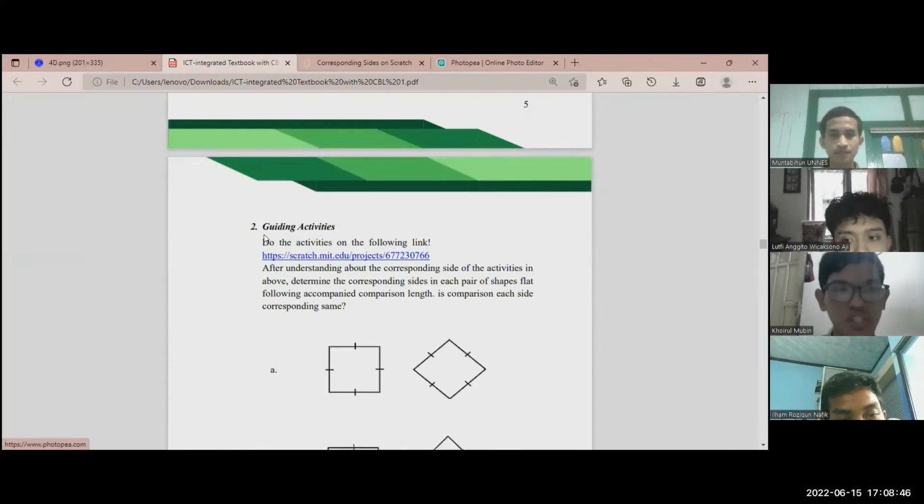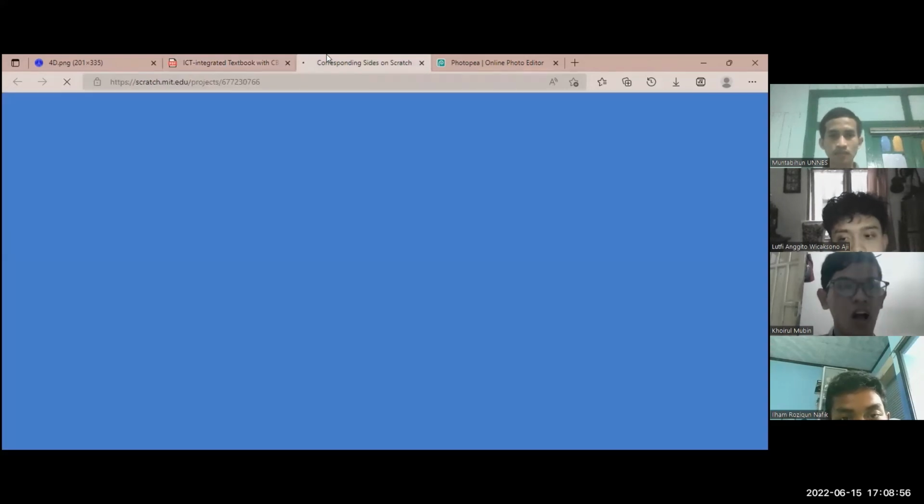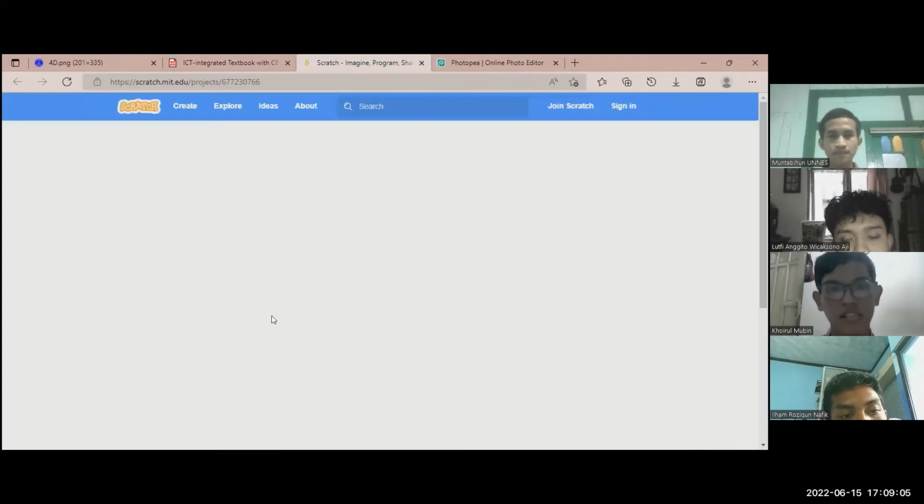we also use a Scratch project as another visual media. Students can play the Scratch in order to enrich their understanding of the material.